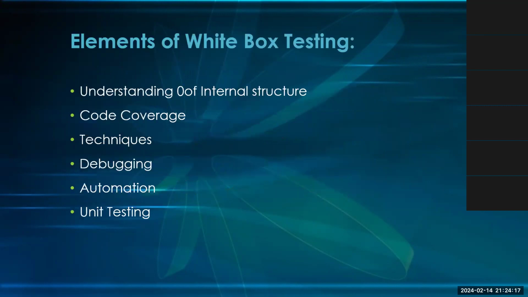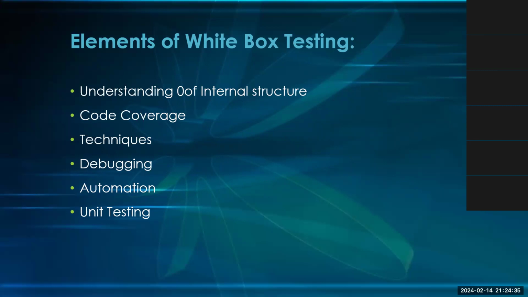So for the elements of white box testing: understanding of internal structure, sorry for the typo there, code coverage, techniques, debugging, automation, and unit testing. So these are some of the elements of white box testing.